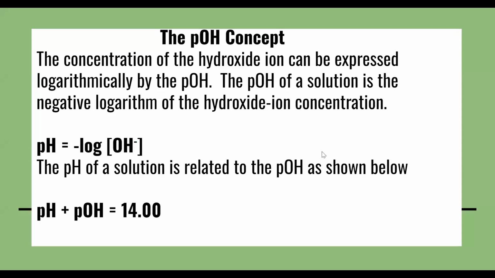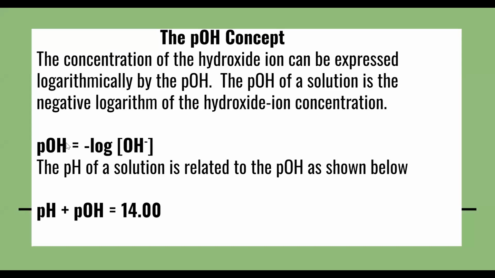So let's look at the pOH concept. The concentration of the hydroxide ion can be expressed logarithmically by the pOH. The pOH of a solution is the negative logarithm of the hydroxide ion concentration. So this is very similar to pH.